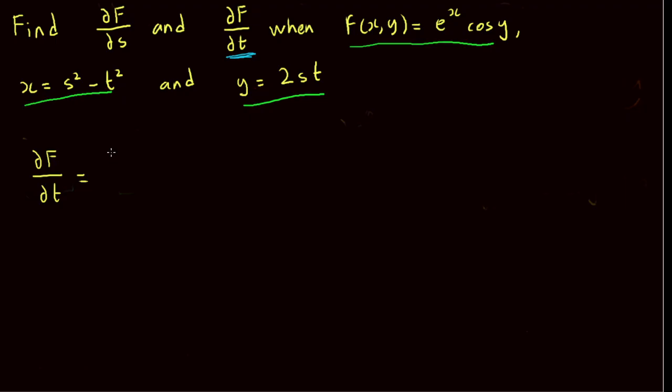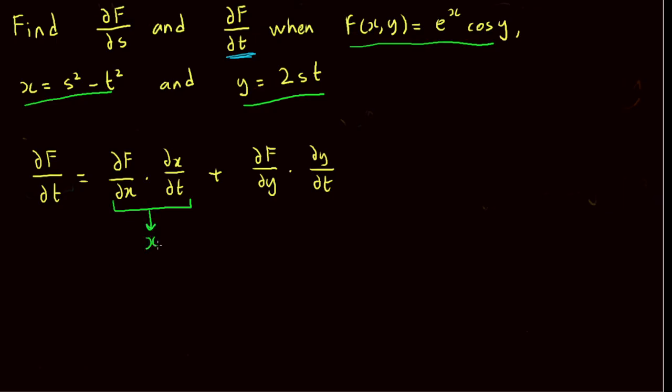So same stuff again, for del f del t is just simply del f del x times del x del t plus del f del y times del y del t. As I said before, we have two parts. One part is due to x, the x part. Another part we have to consider is the y part.